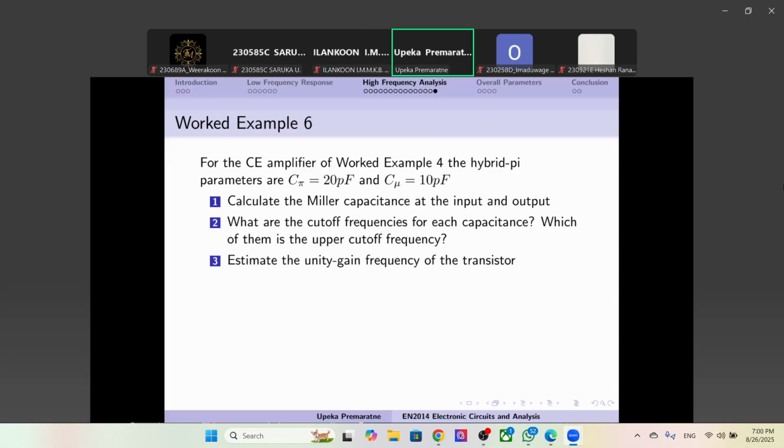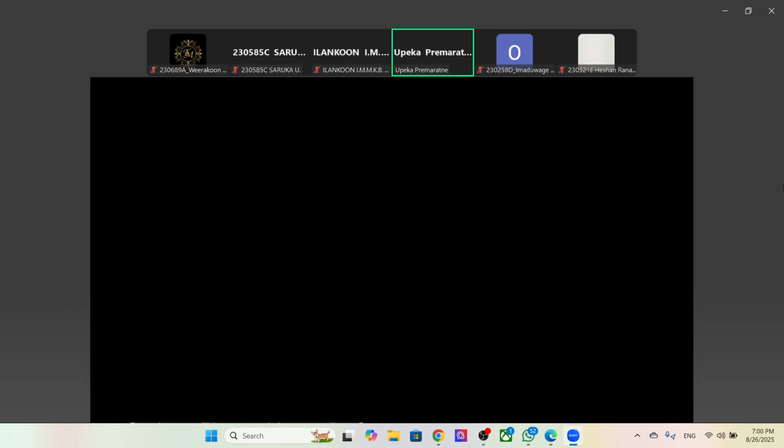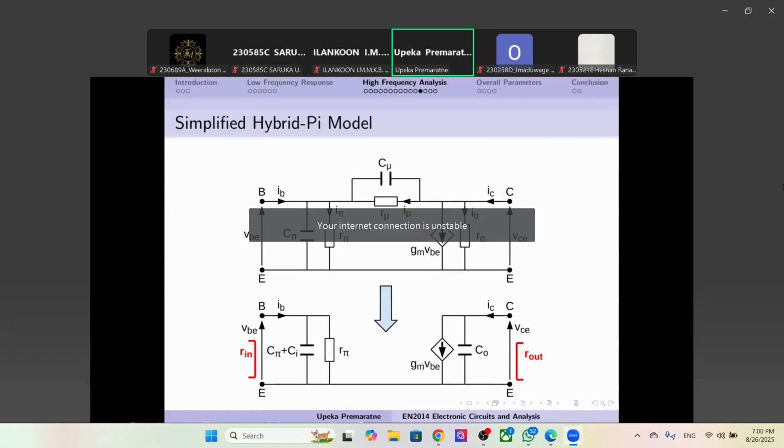Start off with this question here. So we start off with the worked example.